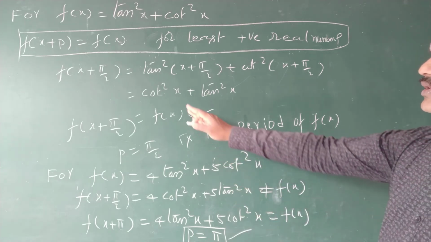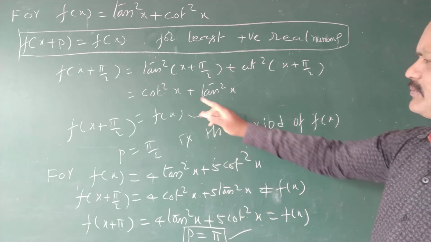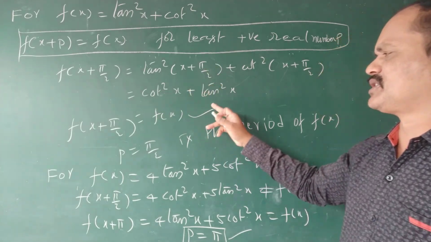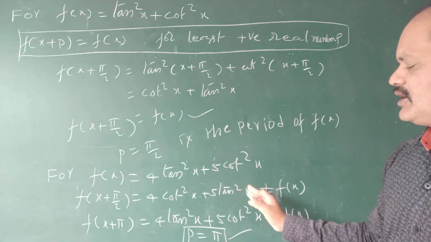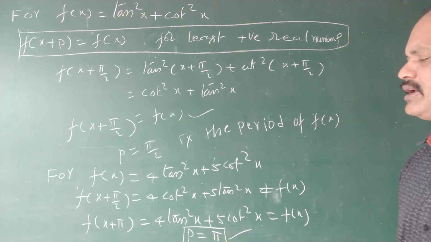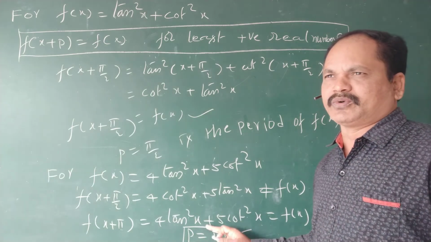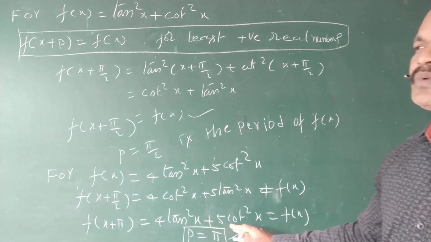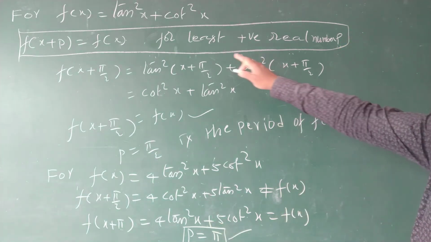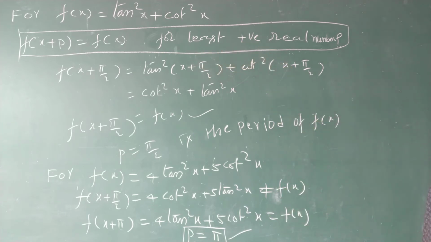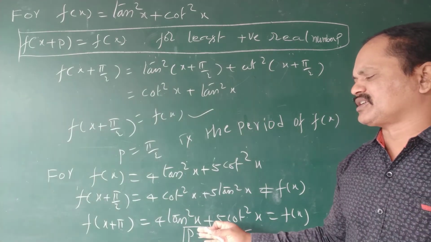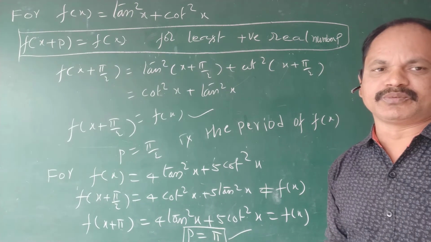If a is equal to b, that means they have the same cot square x coefficient and tan square x coefficient, the period is pi by 2, and for different coefficients the period is pi. So for this one, pi, 2 pi, 3 pi, 4 pi, 5 pi, and so on all satisfy f of x plus p equal to f of x, where p is the least positive real number. The least among them is pi, so pi is the period of this function.